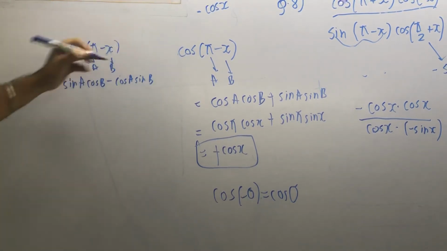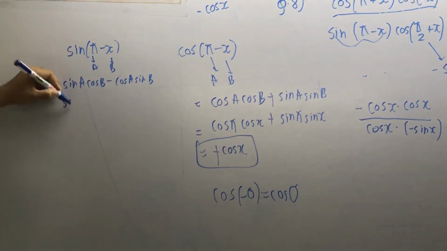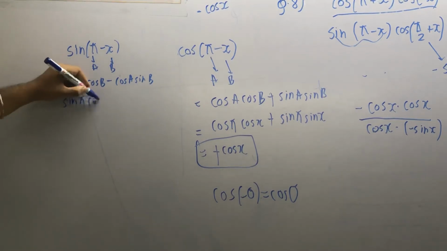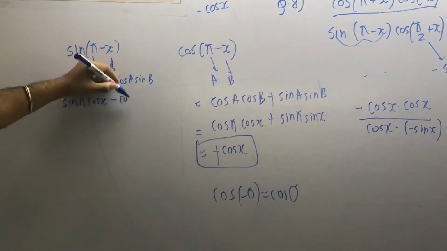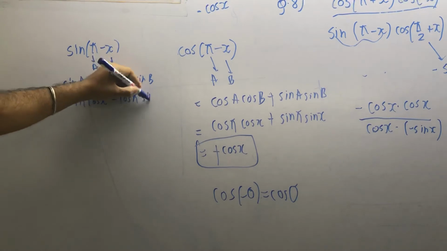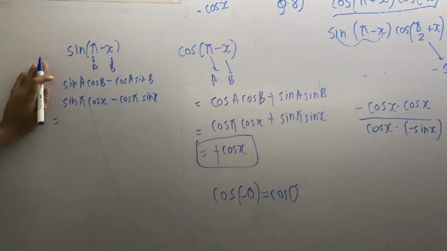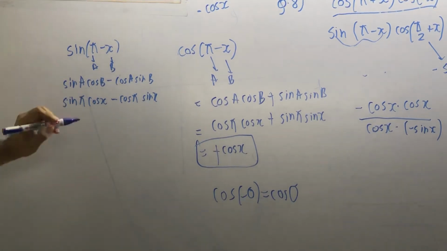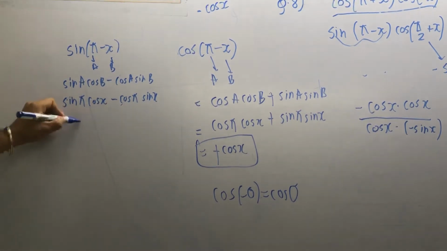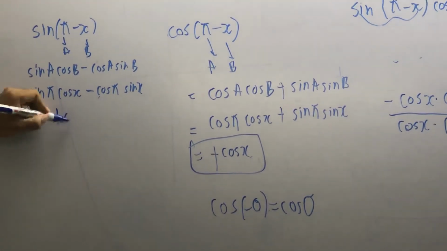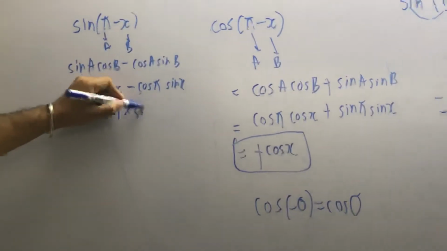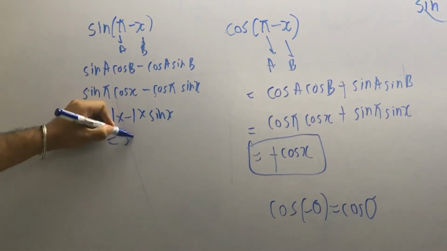We have done this. Just put in the values: sin pi cos x minus cos pi sin x. So sin pi is 0, and 0 into anything is 0. And cos pi is how much? -1. So minus into -1 into sin x. So this is sin x.